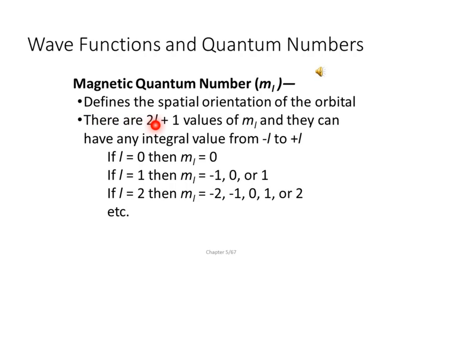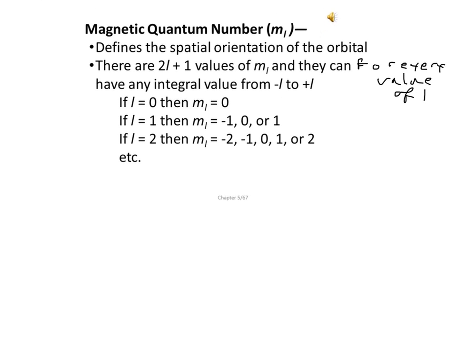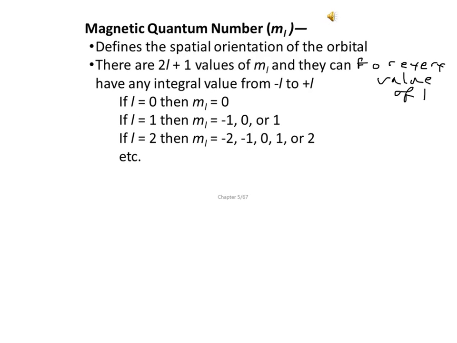There are 2L plus 1 values of M sub L for every value of L, and M sub L can have any integral value from -L to +L. And then we go through those examples we talked about. And more importantly, our magnetic quantum number. Matter of fact, let me put it this way.